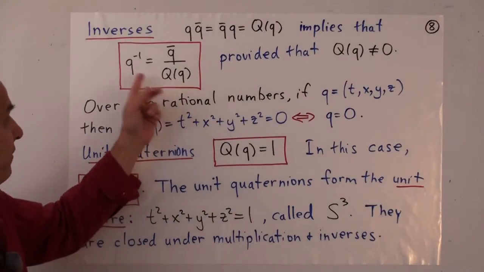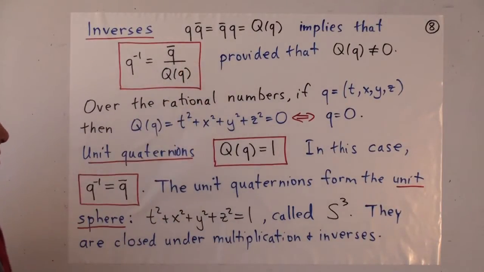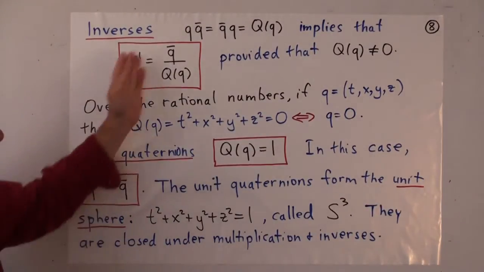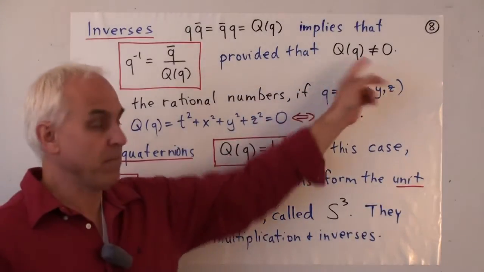Right, so that's a formula for the inverse in terms of the quaternionic conjugate and the quadrance. And of course, in order for it to make sense, this denominator had better be non-zero.